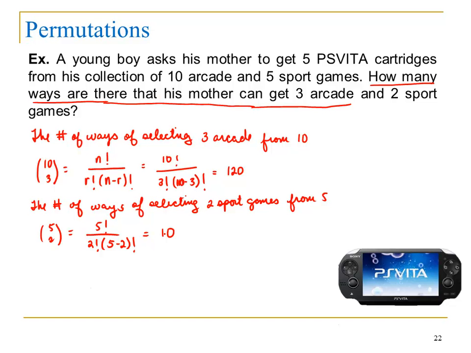Yes. You can use the multiplication rule to find the number of possibilities for selecting 3 out of 10 and 2 out of 5.